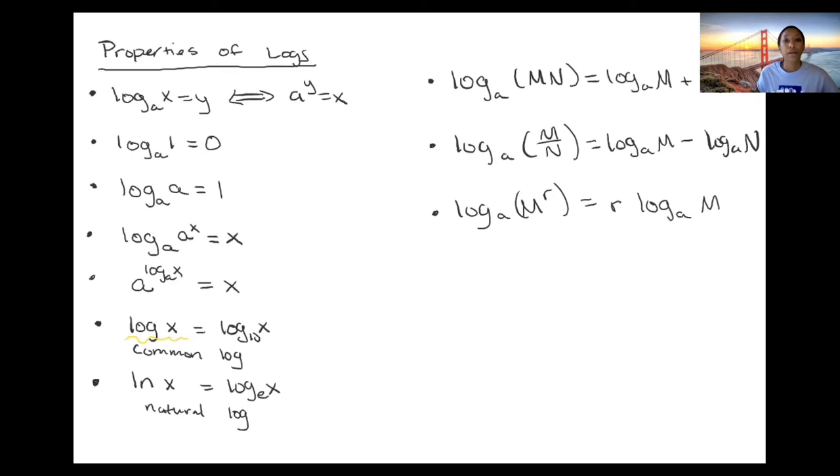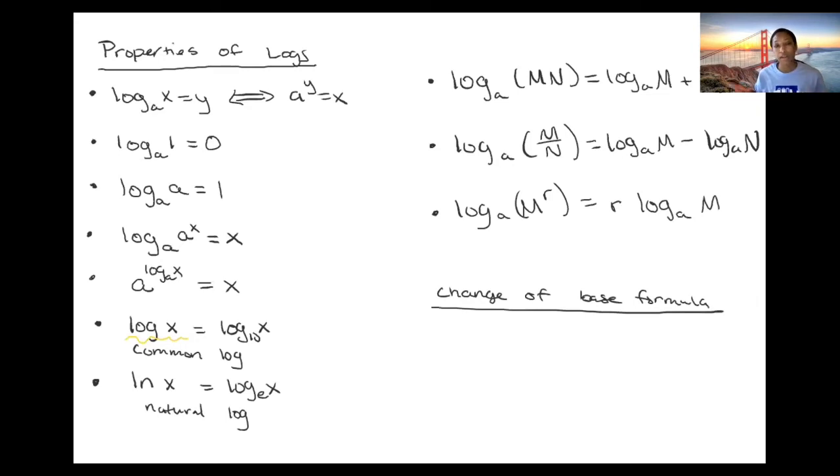Okay, this is how we can condense or expand logarithms. And we'll do a couple of examples with that. And we might as well put them all on one page. The last thing, a rule that we need to know for logs is the change of base formula. And the change of base formula tells us how we can take an expression written in any base and rewrite it in any other base.